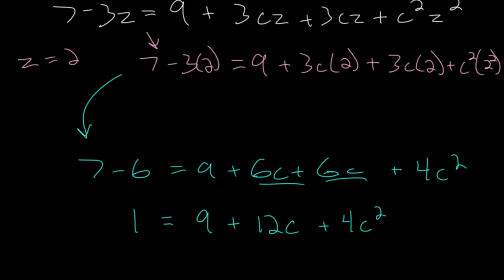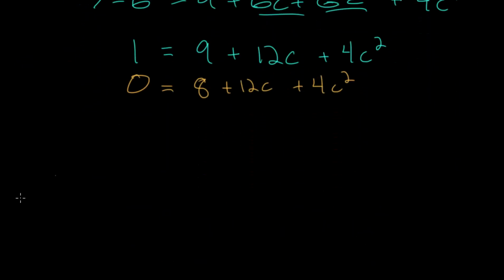This is a quadratic, so we can solve it. So we get that 0 is equal to 8 plus 12c plus 4c squared. And notice everything is divisible by 4. So just to make our work simpler, let's divide both sides of the equation by 4. And we get that 0 is 2 plus 3c plus c squared.